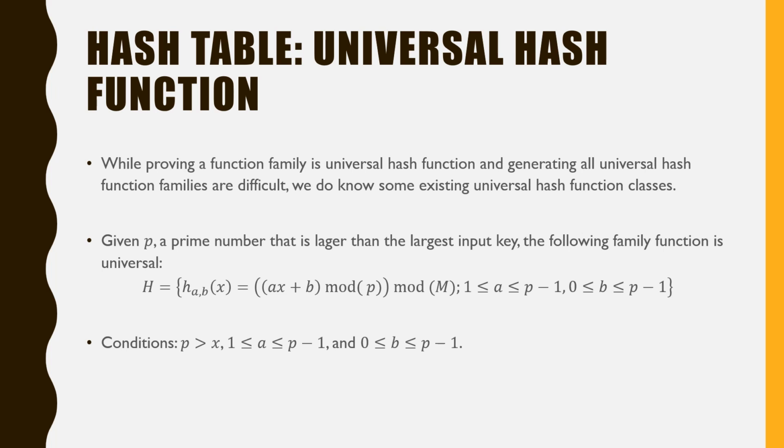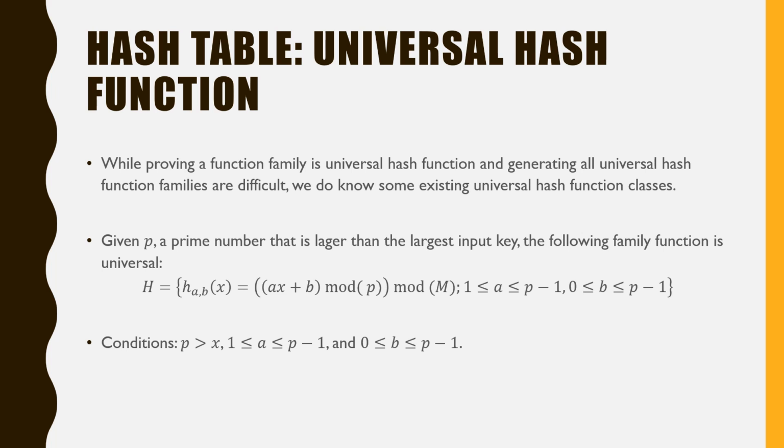One known universal hash function class is shown here. Given the hash key x, we first compute its linear mapping ax plus b, and then compute the modulo of p, a parameter we can choose, and finally compute the modulo of m, the size of the hash table.